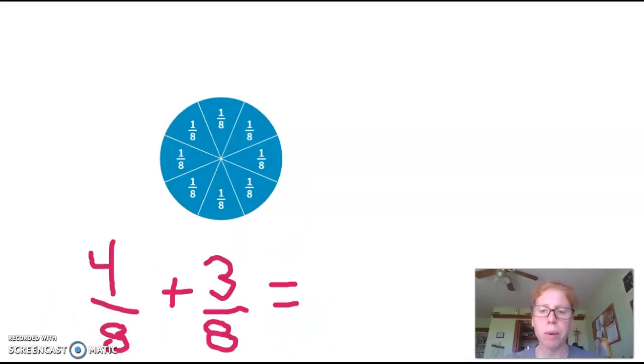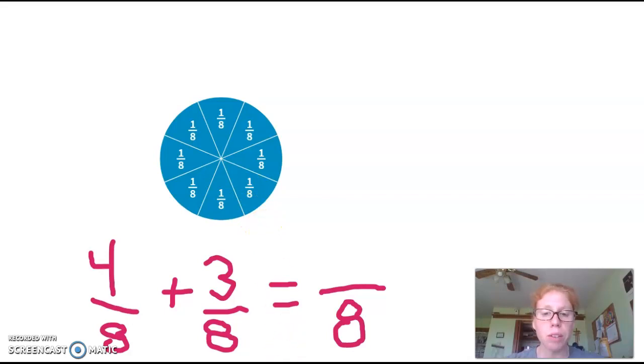The last one we'll be practicing now has 8 as the denominator. So I have our fraction circle broken up into 8 pieces, and I have 4/8 plus 3/8. And hopefully now you have caught on already, and you know the first step is for us to write our denominator, which will be what? 8. Yes, 8. 8 is our denominator because we're working within the fraction of the 8s.